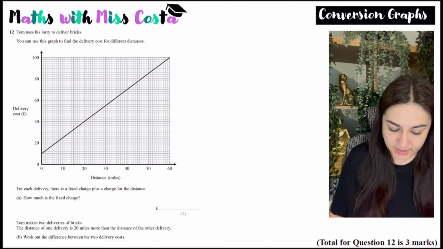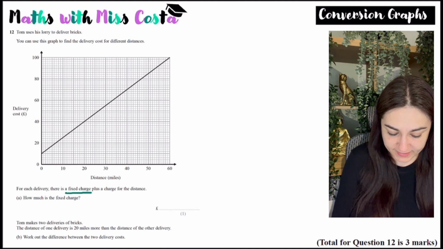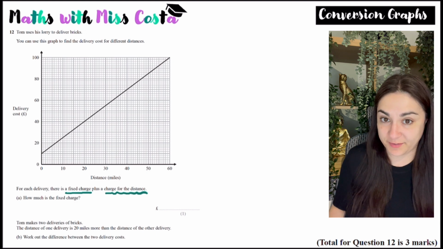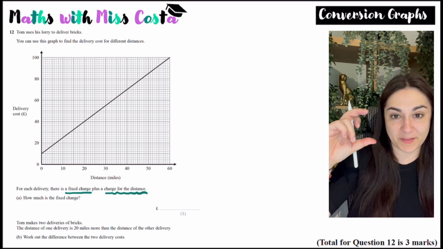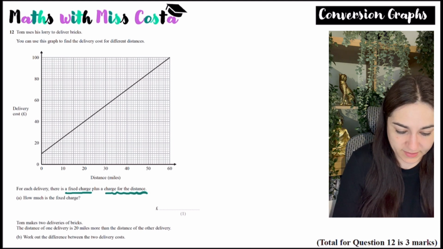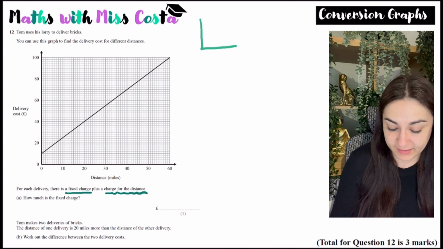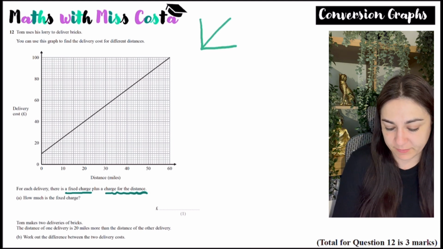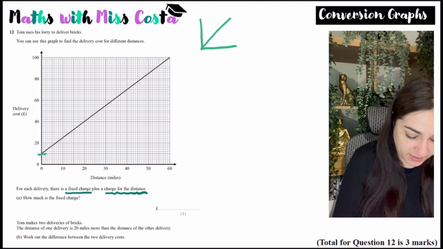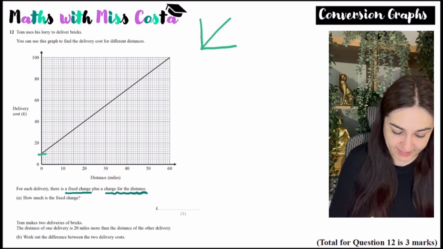We're told that for each delivery there is a fixed charge plus a charge for the distance. How much is the fixed charge? The fixed charge is the bit that never changes, so it's like your starting point. What we can see from the graph is that it doesn't start from 0. If it started from 0, then there would be no call out charge or fixed charge. But we can see that the graph starts here.